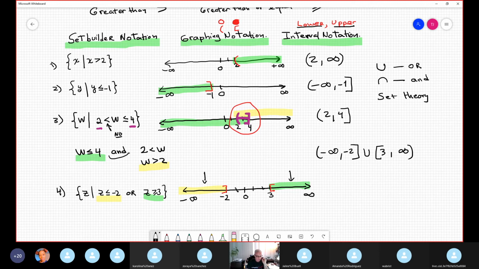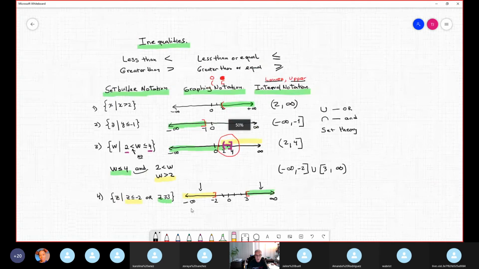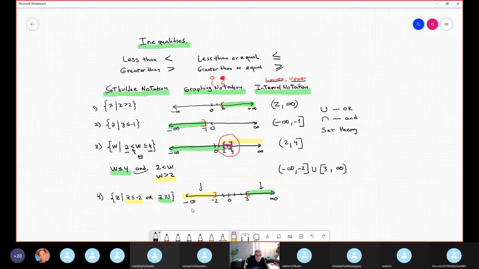Okay, everything is ready. We have few minutes left to solve it, but I want to spend the time so that you are clear on the notation that we are using to represent the solution for the inequality.